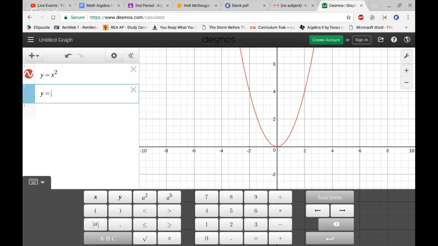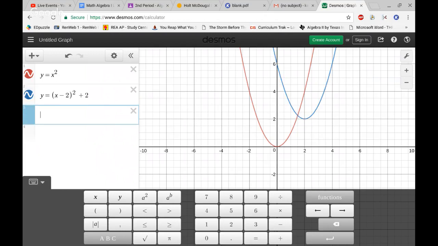Y equals x minus 2 squared plus 2. So we didn't make any adjustments to how skinny or fat it's going to be.